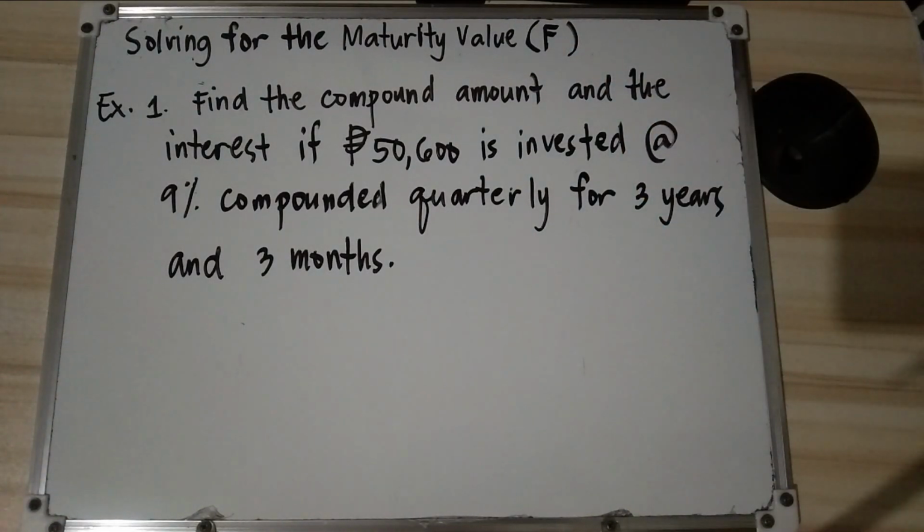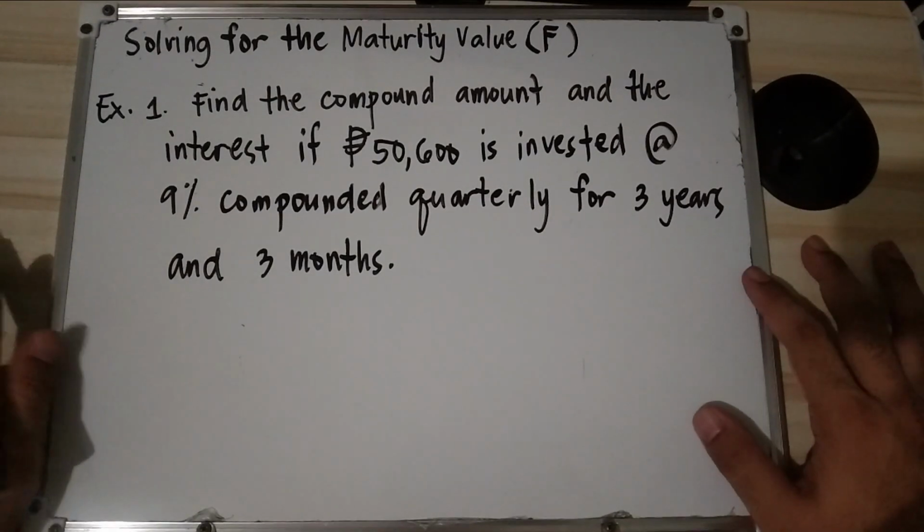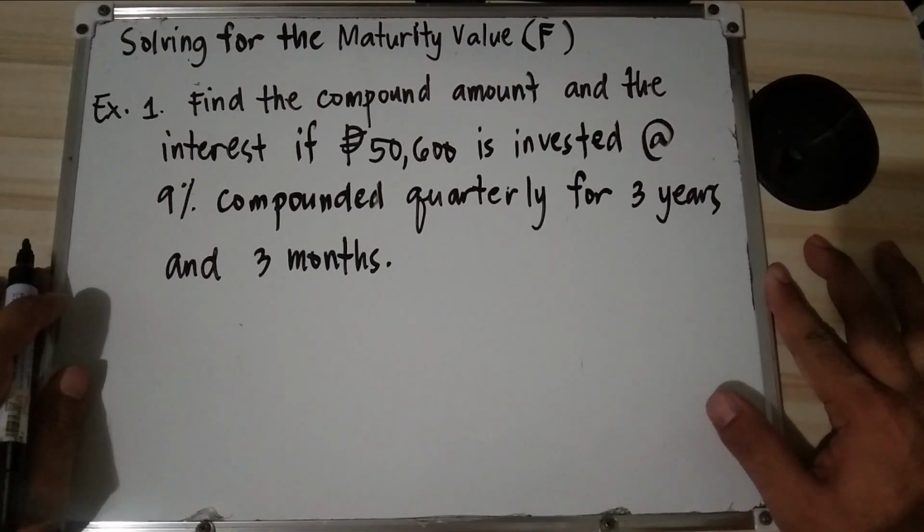So example number 1, find the compound amount and the interest if 50,600 pesos is invested at 9% compounded quarterly for 3 years and 3 months. So bago natin solve, alamin muna natin kung ano ba yung mga given.